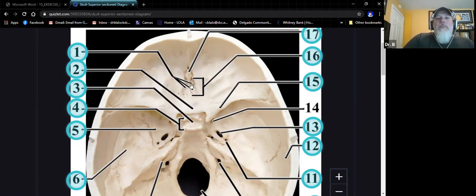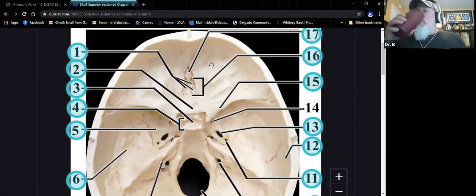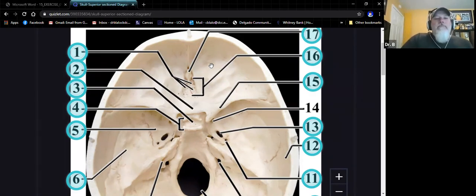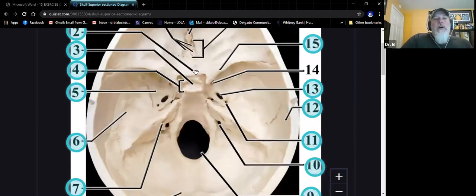And in the cribriform plate, we have these tiny little holes poked in it. That's what number 1 is pointing to, and those are the olfactory foramen. Now, we said 2 is just pointing to the overall structure of the sphenoid bone itself.